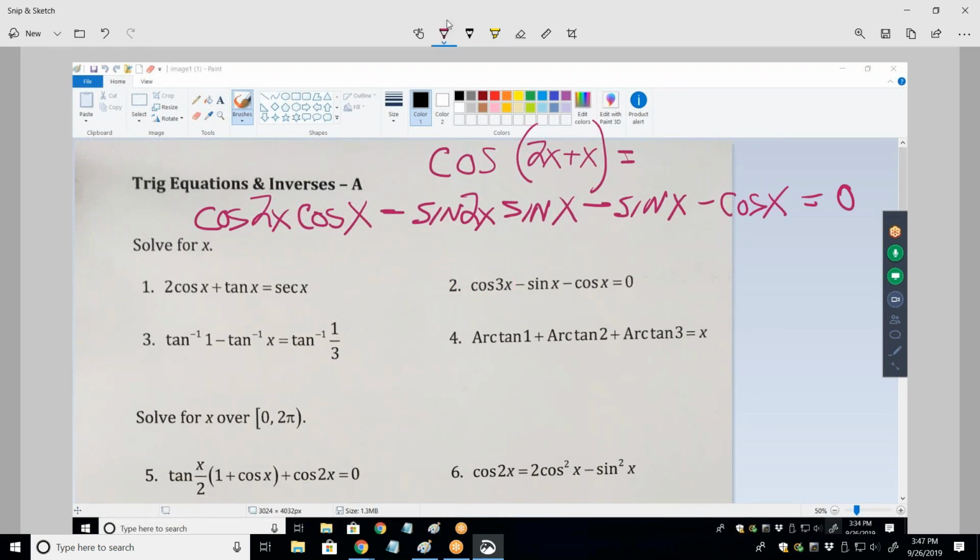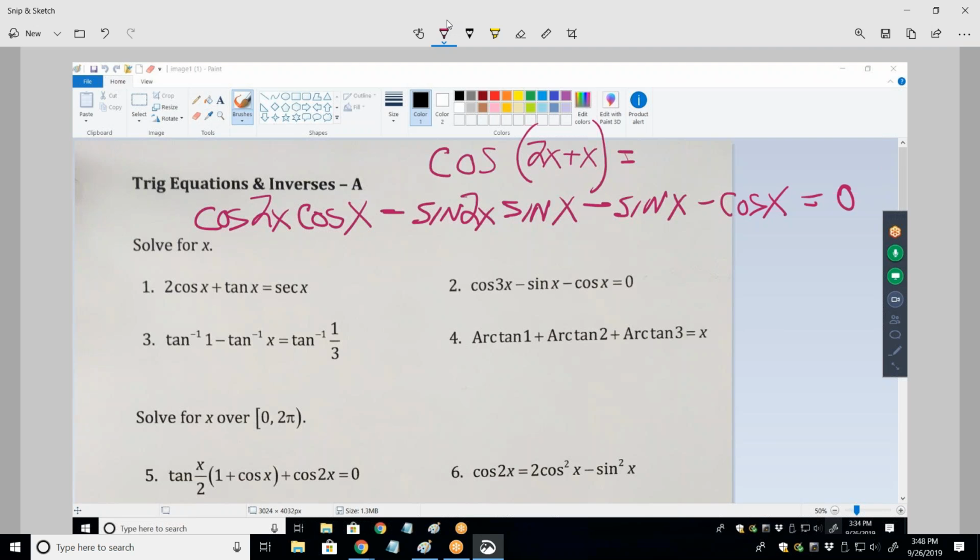All right, now, do we want to use the cosine and sine 2x formula? I'm not sure. I think I want to group these.